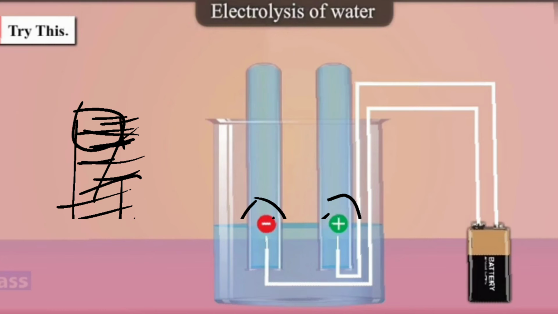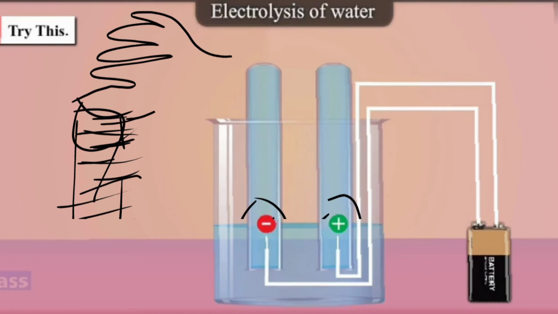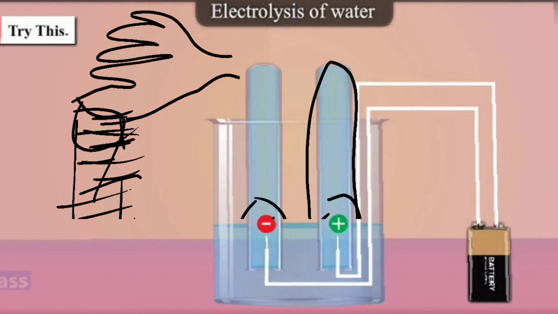You are going to keep your thumb over here completely, and then you are going to invert it in this manner. Similarly, you are going to do the same for the other test tube also. So you will see that these test tubes are inverted without an air gap.